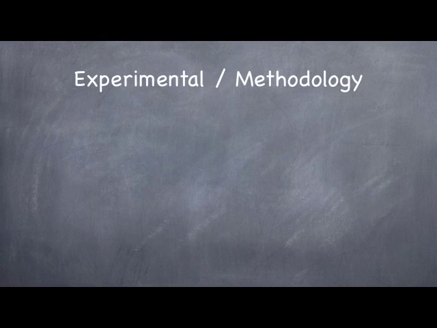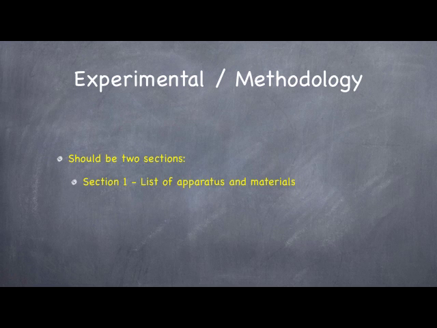Next, the experimental or methodology. Again, this should be comprising 2 sections. The first section is the list of apparatus and materials. As I said, it's like a recipe for how to do this experiment. So when it comes to, for example, cookery, you'll find initially it's a list of ingredients and then a method of how to cook a particular dish.